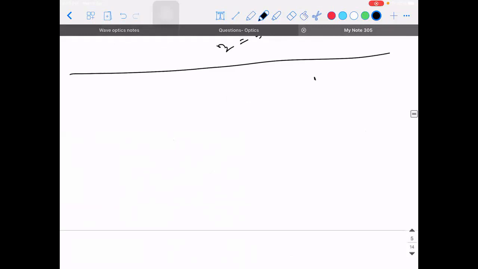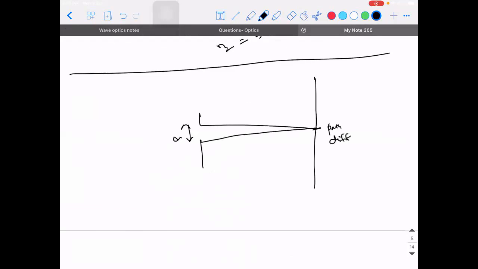Let me explain this. So central maxima, a ray from here, a ray from here, will travel equal distances, hence path difference is 0. No confusion in that. After this, you have to explain why there is a minima taking place at this spot. So what is the explanation we are going to give?